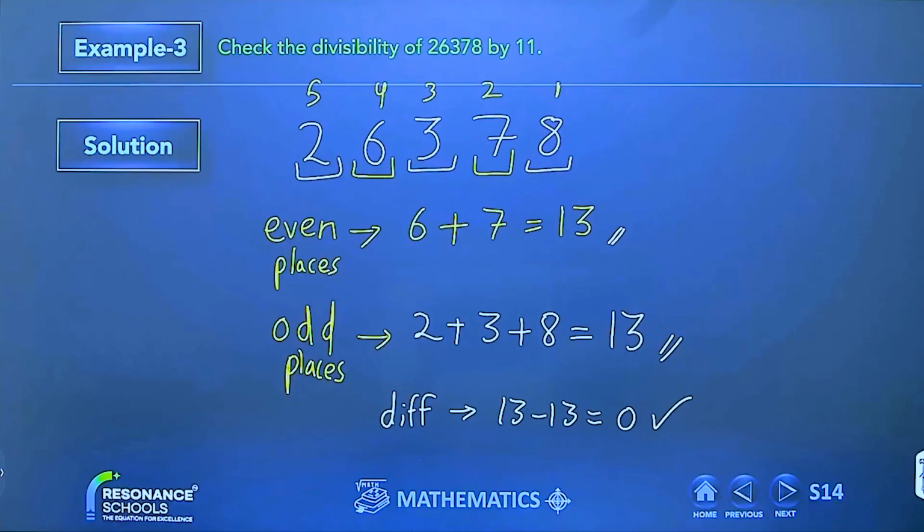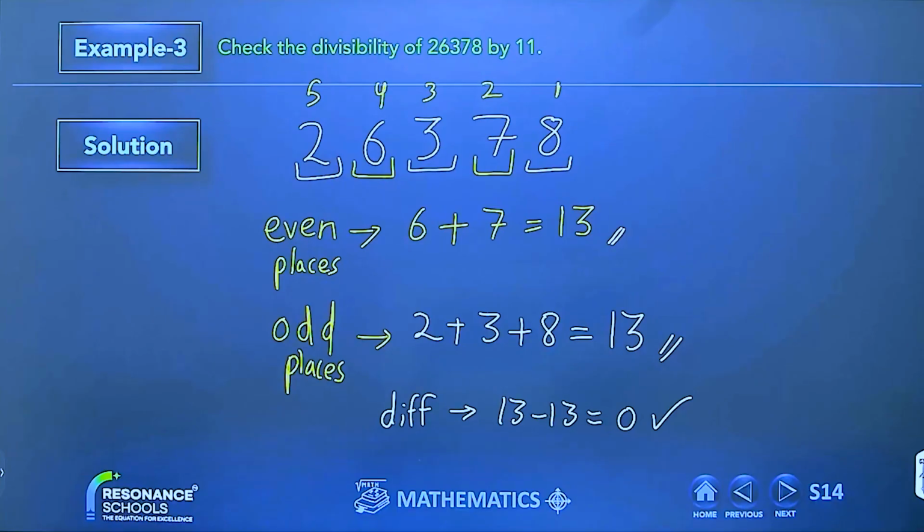Jayanandan, quick. It won't be 16. Not 16. Add it properly. Thank you, Hamza.